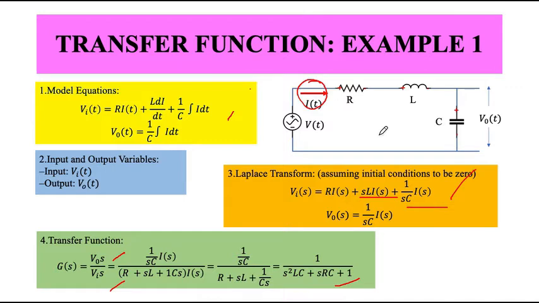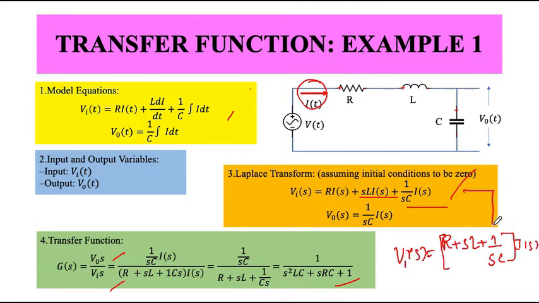So how does the Laplace transform look? It is again straightforward to compute here. Vs is R plus sL plus 1 by sC times IS. So this is the input.